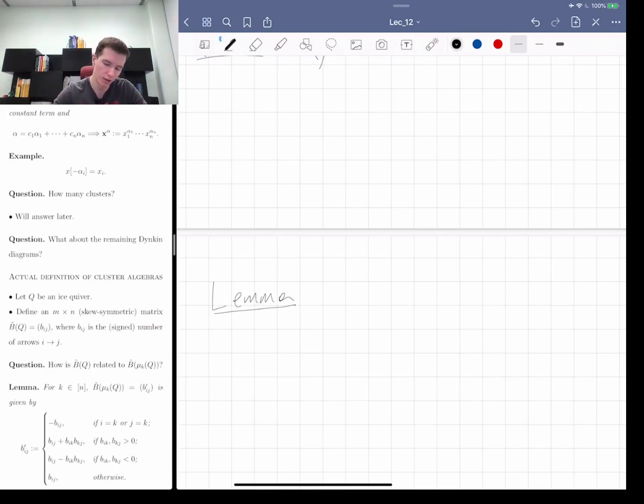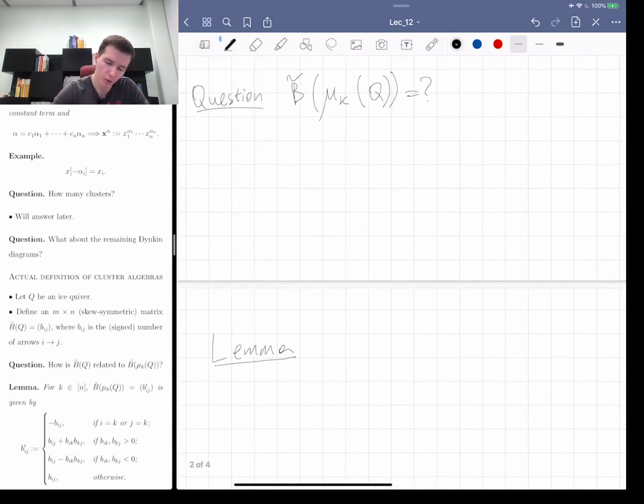Because remember, for your quiver, what was the mutation of our quiver, right? Step 1 is for each pair, like i goes to k goes to j, you create an edge from i to j.